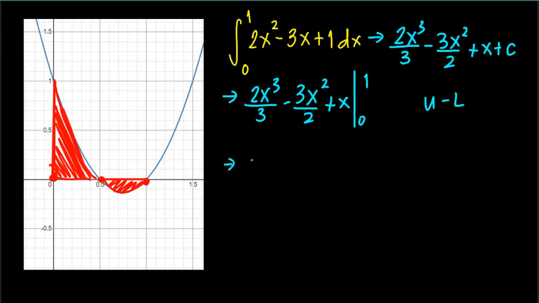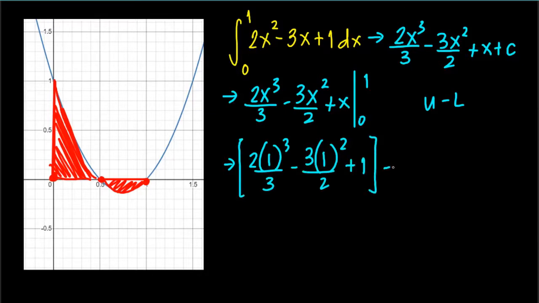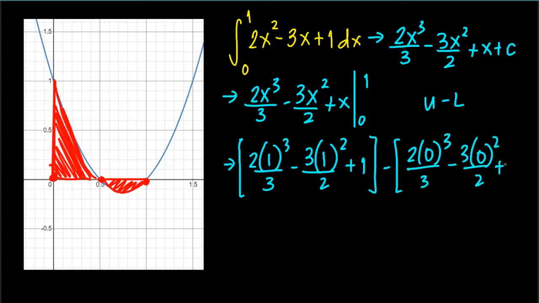The upper is 2 times 1 cubed over 3 minus 3 times 1 squared over 2 plus 1, minus 2 times 0 cubed over 3 minus 3 times 0 squared over 2 plus 0 for the lower bound. This should be 2/3 minus 3/2 plus 1.